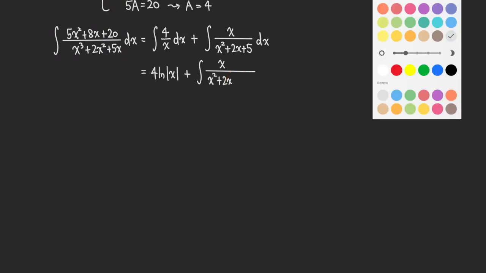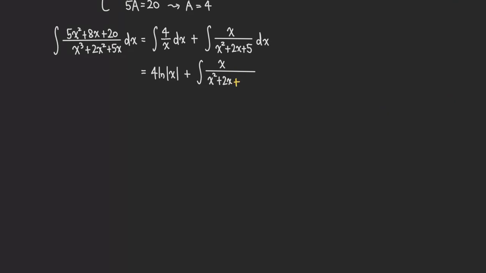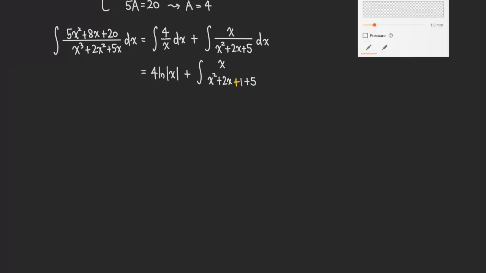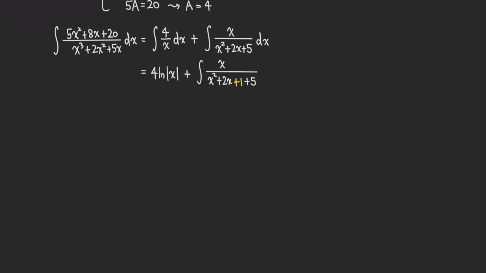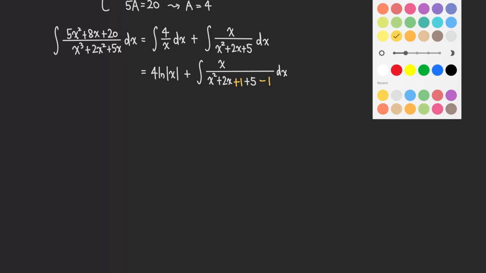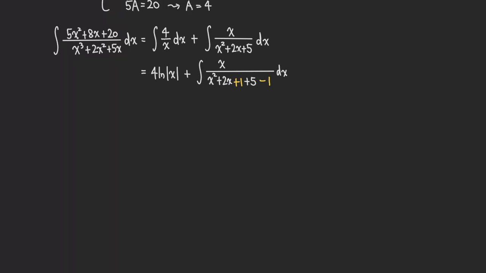Okay, so just add the 1. And then you plus the 5, right? There is still the 5 there, but you cannot really change the problem. So I think I need to draw a longer fraction line here. So what do we need to do to balance it? When we're adding the extra 1 here, we've got to subtract it back. Okay, so let's subtract the 1 back so that we are not changing the problem.